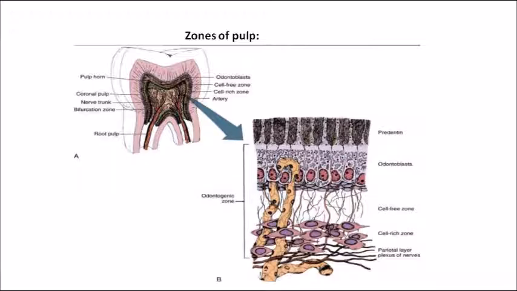The pulp core is the principal support system for the peripheral pulp and has large vessels and nerves. The large parietal or perineural plexus is called the plexus of Raschkow. All these points are important.